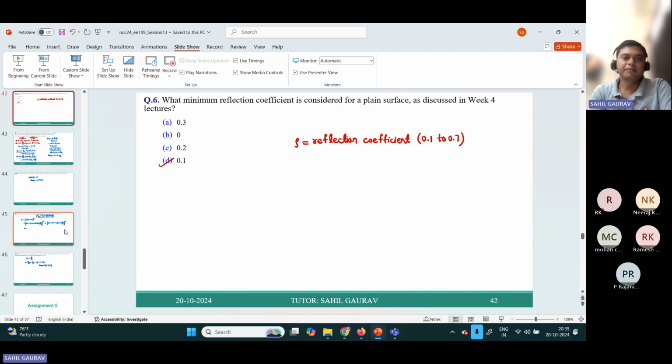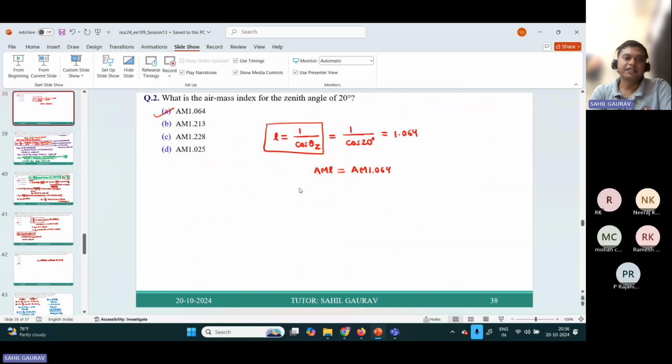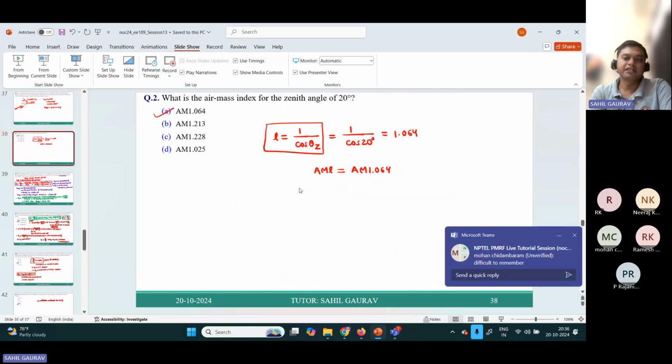I don't know whether they will provide them in the exam or not, but these expressions are typical, commonly used: this declination expression, this incident energy value, and this tilt factor.